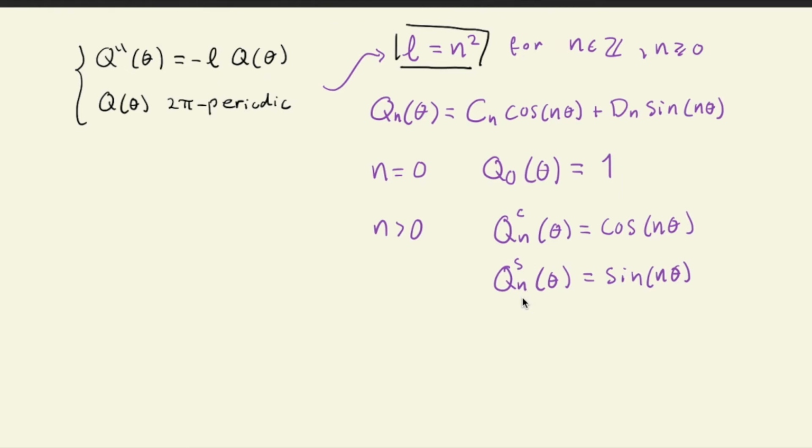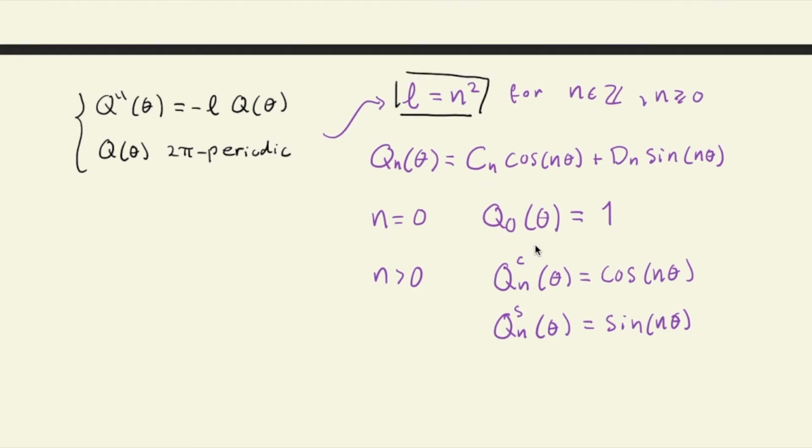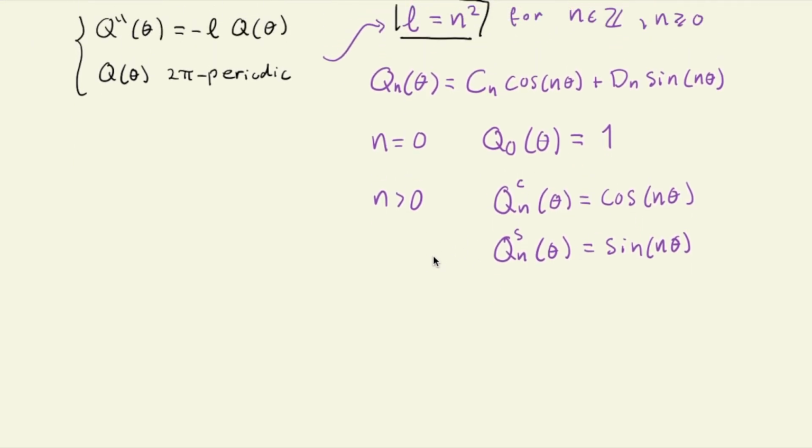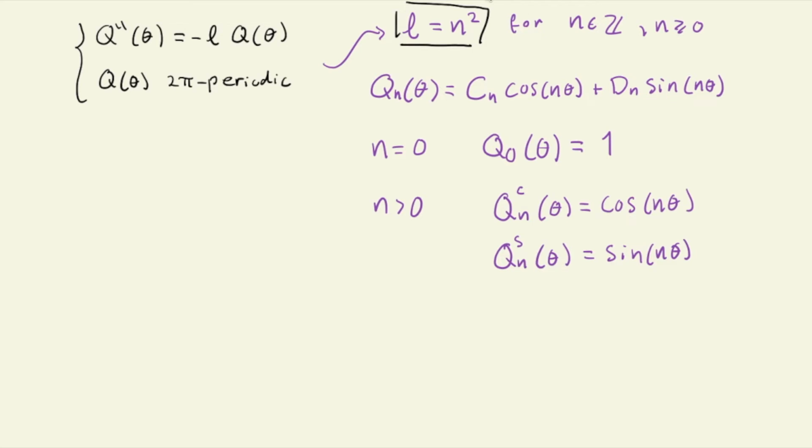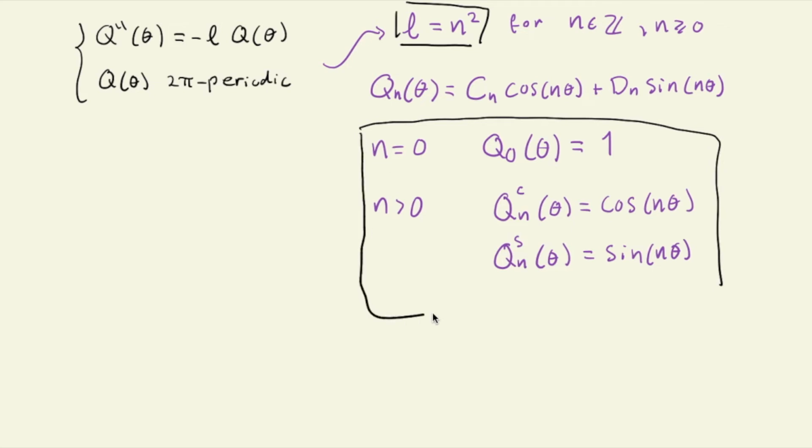Is that okay? Hopefully. So we only find this cosine mode and the sine mode. I just want to take the values 1, 0, and 0, 1. That's what I'm doing here. All right, so we found what the function q has to be. I just wrote it like this so that I could get rid of the c's and d's.